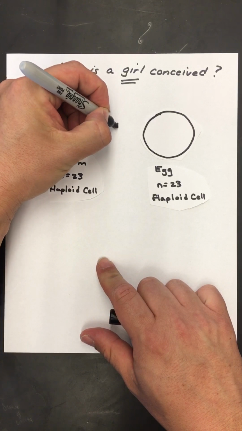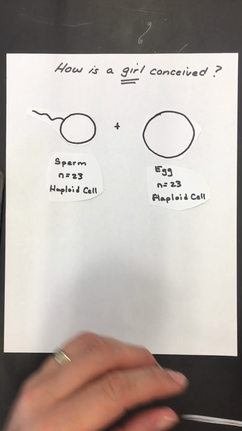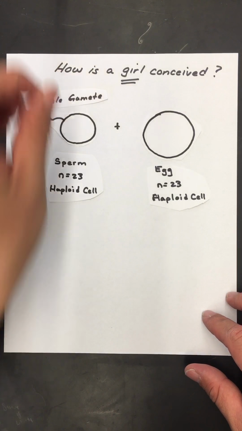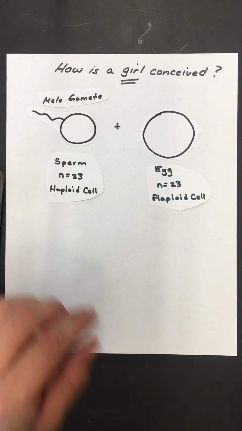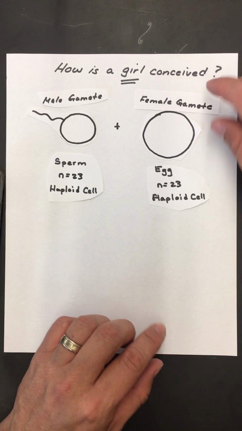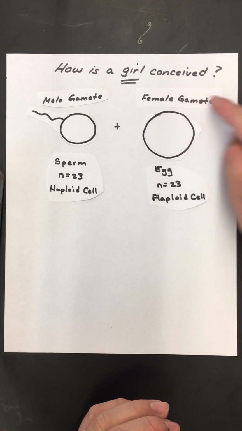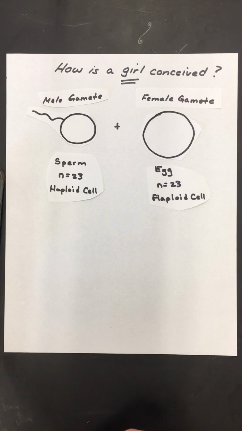When we combine the two, right? So when we combine a male gamete, so let's remind ourselves what a male gamete is. It's a fancy word that means sperm. And combine that with a female gamete, remember that's a fancy word that means egg.